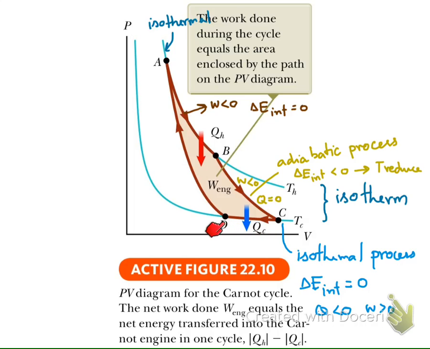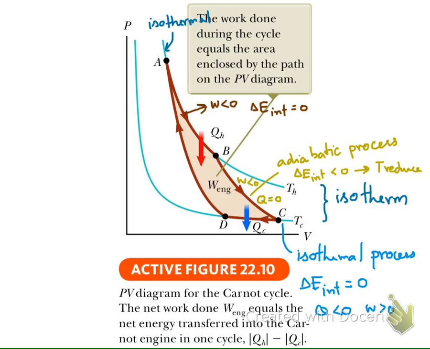Once the volume decreases to the volume at point D, we take away the low temperature reservoir, and we let the system do further compression from D back to the initial state A. During this step, we seal the system so there is no heat in or out.